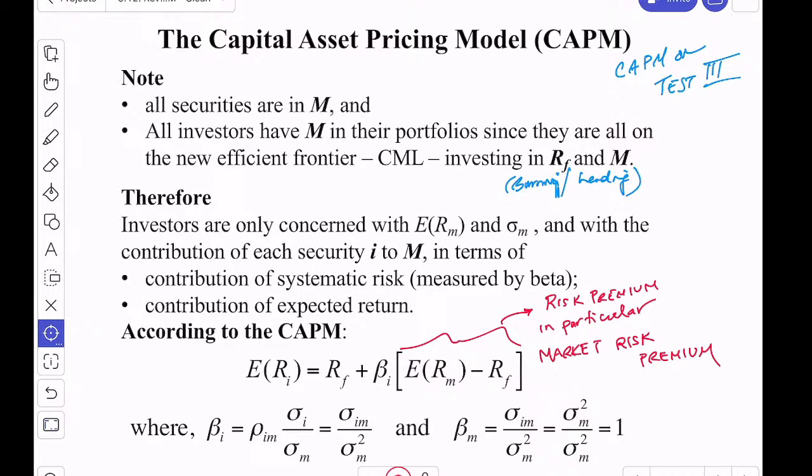This is called the capital asset pricing model because it helps me estimate the return, the appropriate risk-adjusted rate of return. That's what I'm getting here.